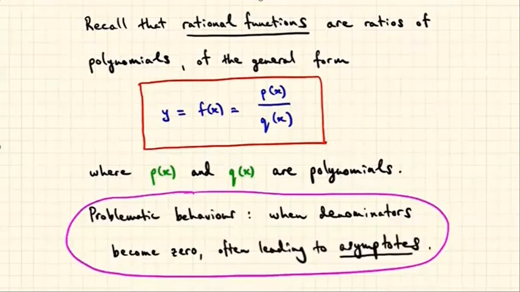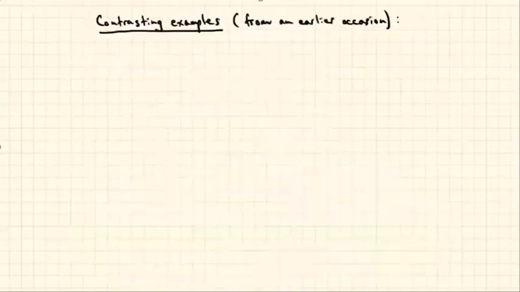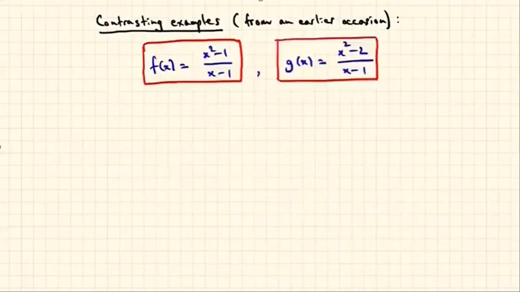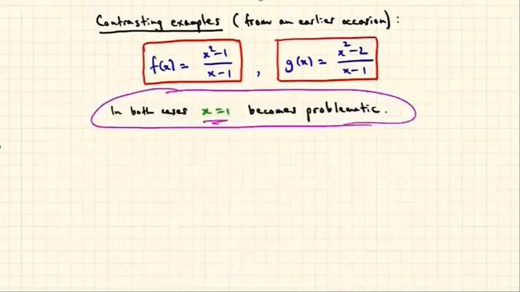Consider the two contrasting examples of f(x) = (x squared - 1) divided by (x - 1), and g(x) = (x squared - 2) divided by (x - 1). Both will have 0 denominator if x = 1, so that the input x = 1 is problematic, but in quite different ways.